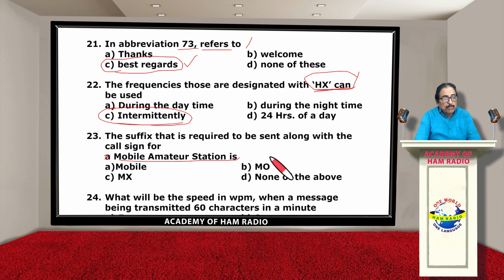If you are communicating with another station on a mobile, you have to send a prefix or suffix. Suffix means whichever comes after our call sign; prefix means before. So MO, Mike Oscar, should be sent. This is the answer.